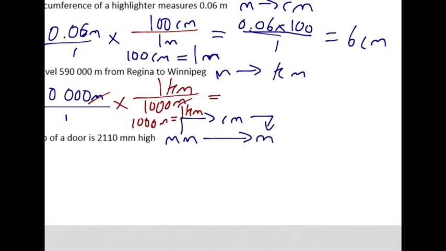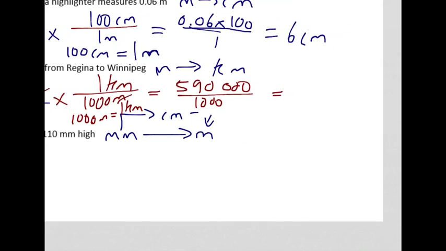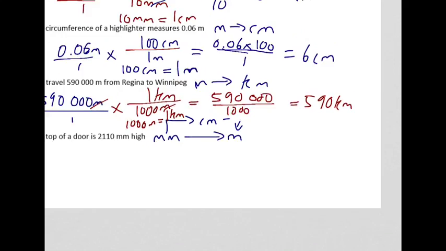Multiply the tops and bottoms. Oh, that should be 1,000 on the bottom. What am I doing? So that should give me 590 kilometers. Does that sound reasonable? From Regina to Winnipeg, yeah, 590 sounds about right. Yep, and it sucks to drive, let me tell you.